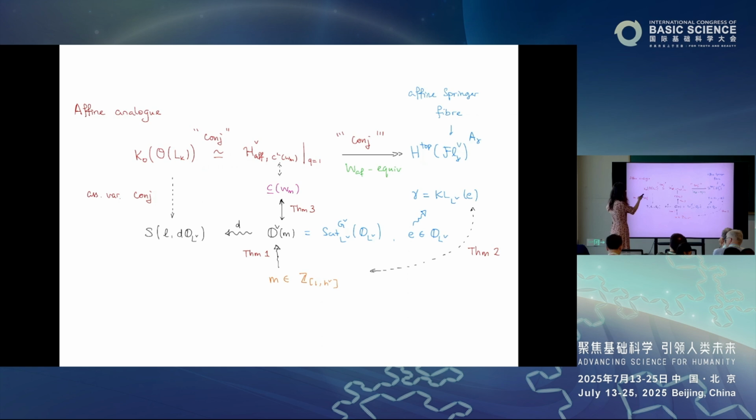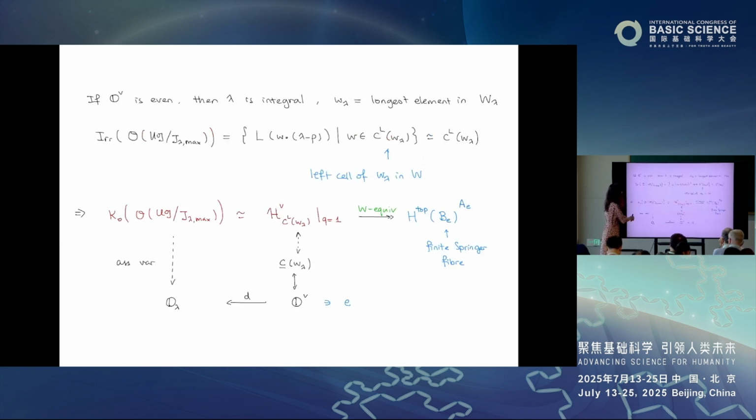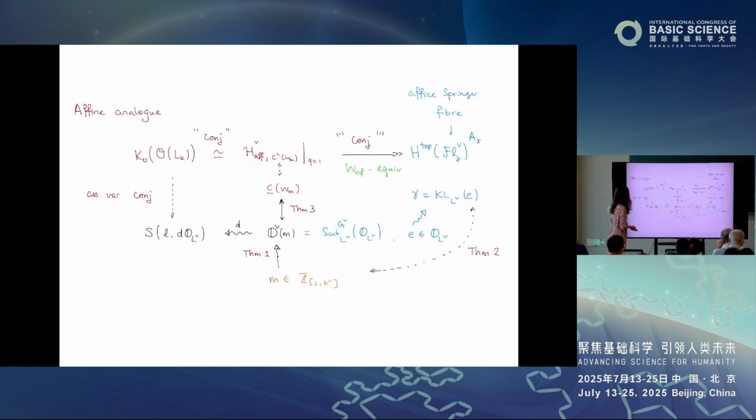So my lambda before, this small lambda in the finite case, is really my m lambda 0 plus rho, or maybe the dominant translate of psi m, and this is the analog of the small lambda.